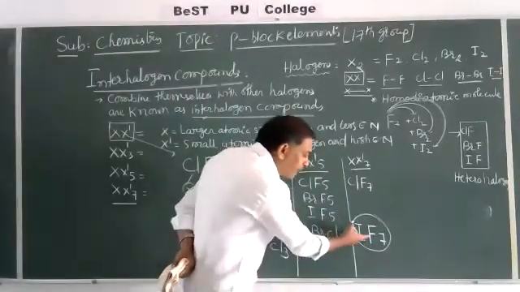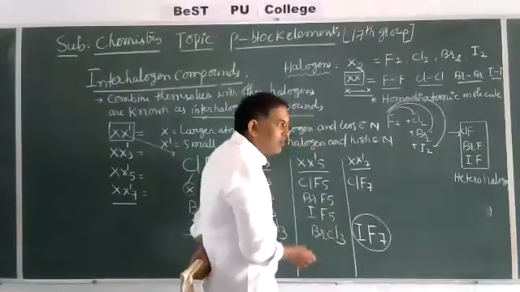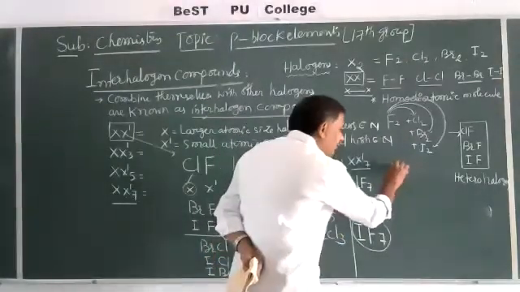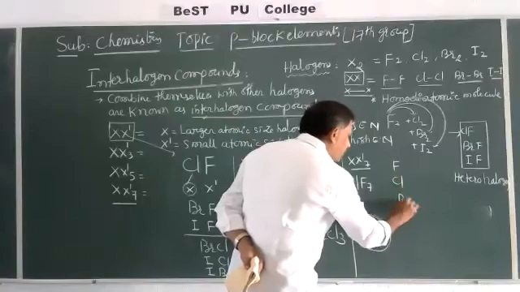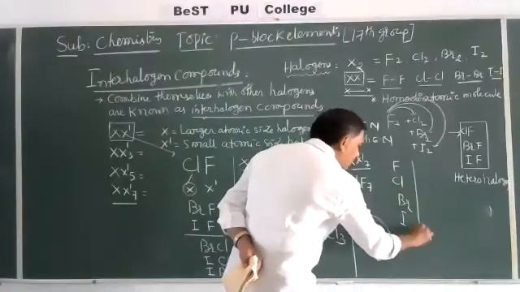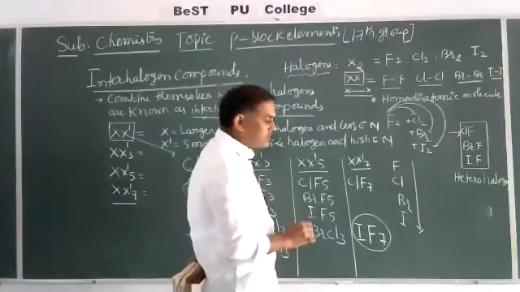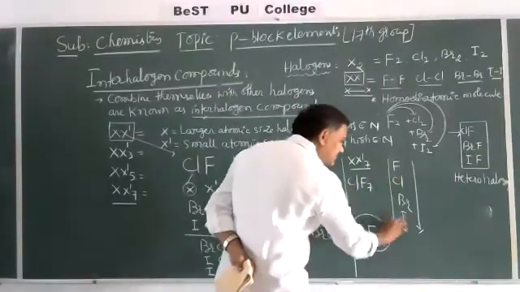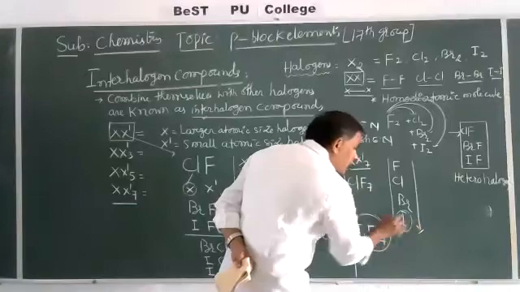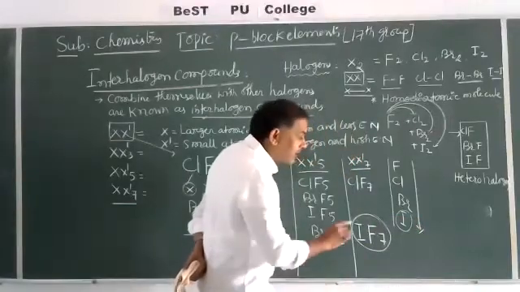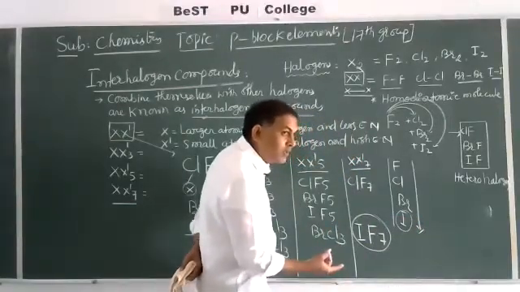Iodine and fluorine atomic sizes have a large difference because fluorine, chlorine, bromine, iodine, top to bottom size increases.